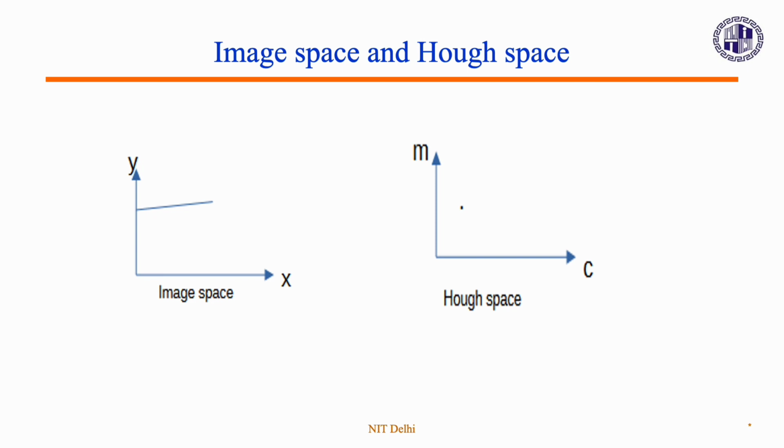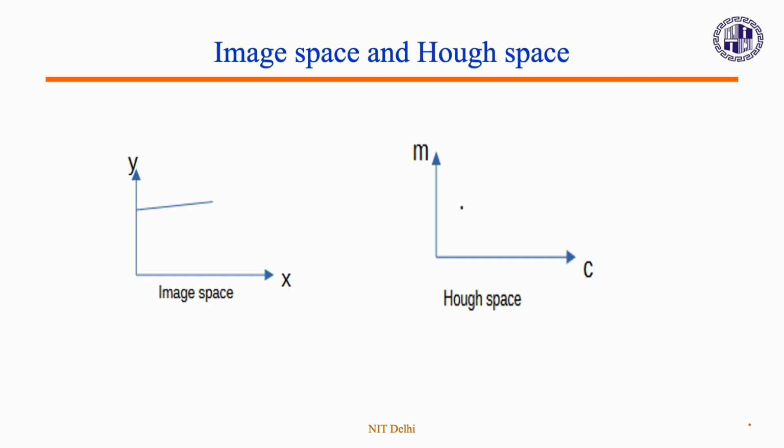This is a line form, the equation of this line form is y equals mx plus c, which is represented as a line in image space. If we represent this in Hough space, in which the x-axis represents the intercept and the y-axis represents the slope, it will be represented as a point.